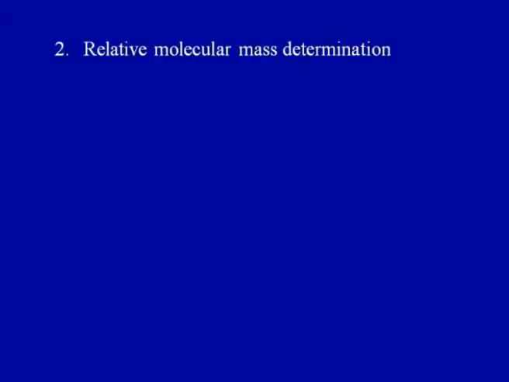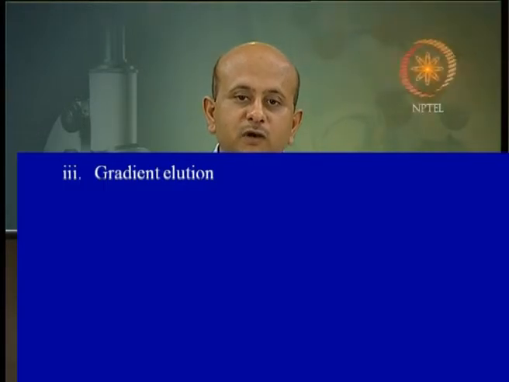Relative molecular mass determination could be performed on a gel filtration column. What happens is, like I said, elution volumes of globular proteins are a characteristic value, and they could be determined by the relative molecular mass.